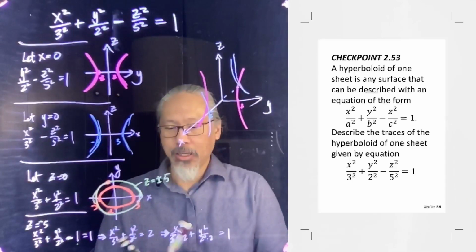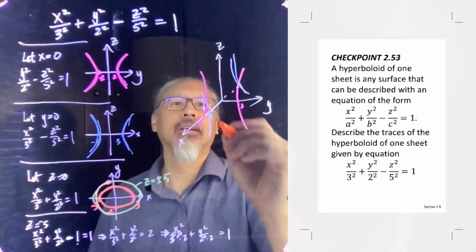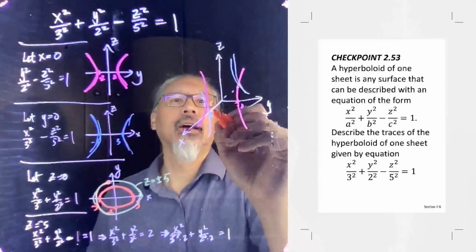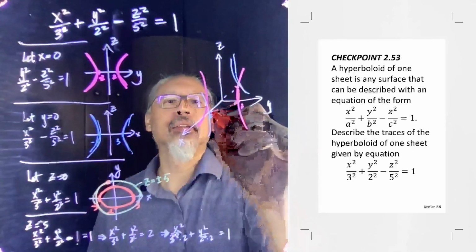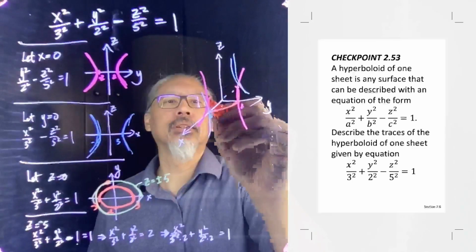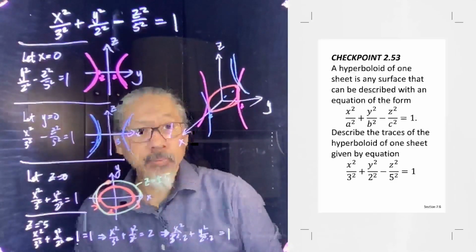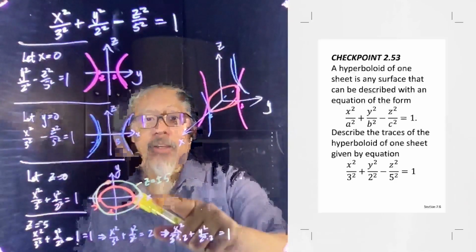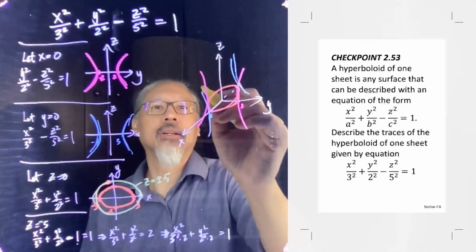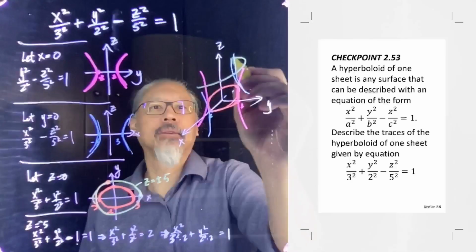But now if we put it together with this ellipse that's flat on the xy plane, it would intersect at those places. I would get only that, but if I go 5 units up, I would get wider.